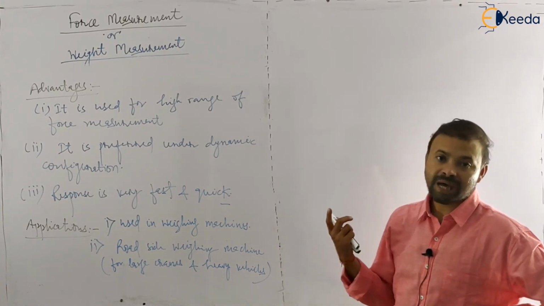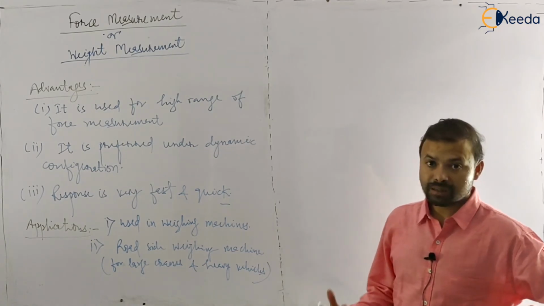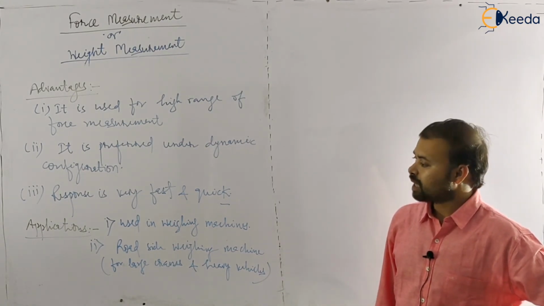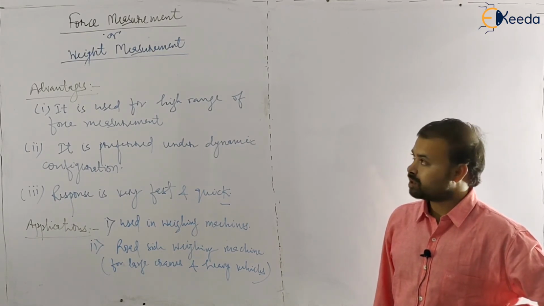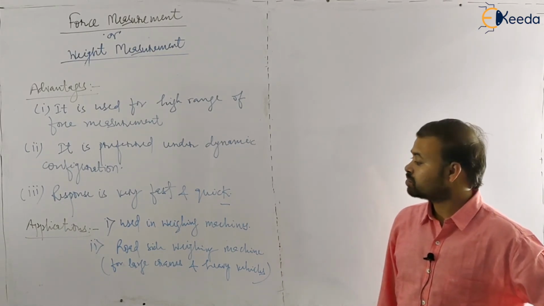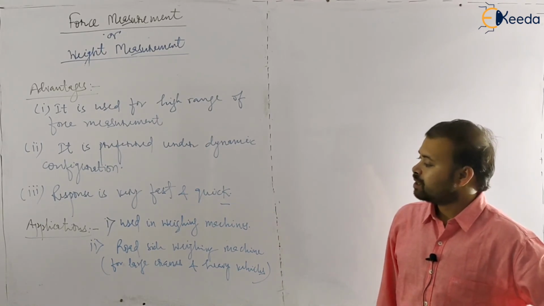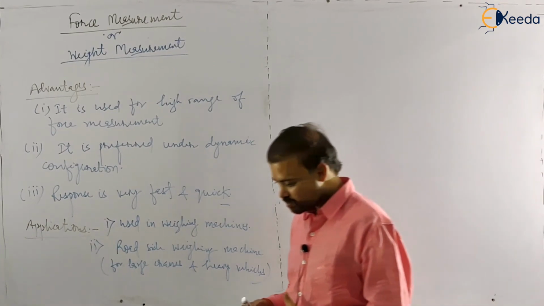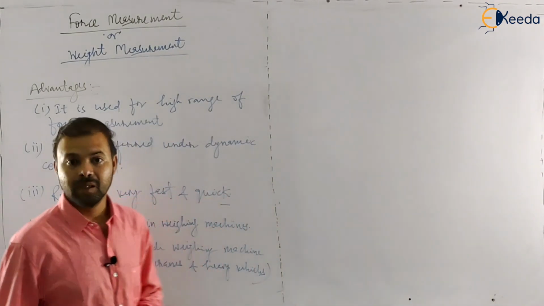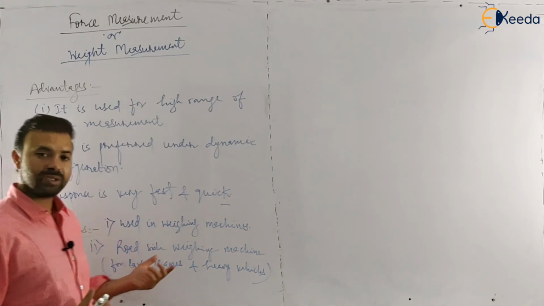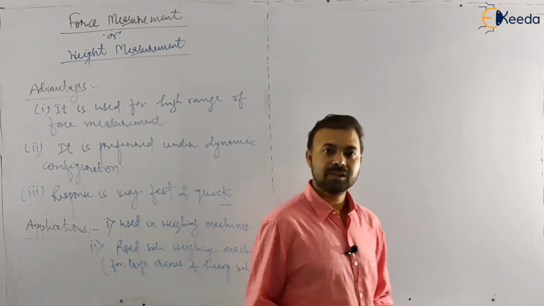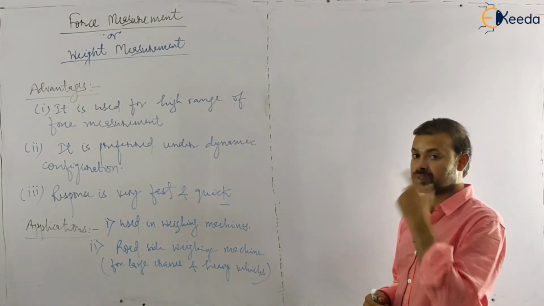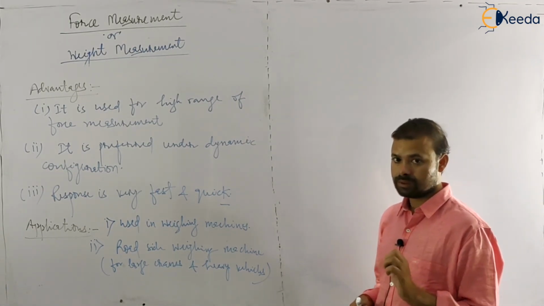As for applications, the strain gauge type of load cell is used in weighing machines and roadside weighing machines. For example, if you want to check whether a truck moving on the road is overloaded or not, this load cell is used for that purpose.